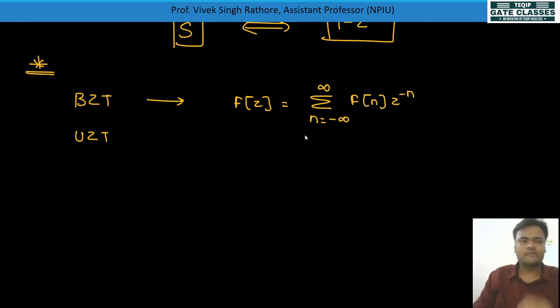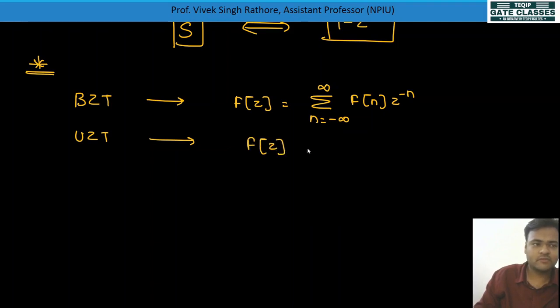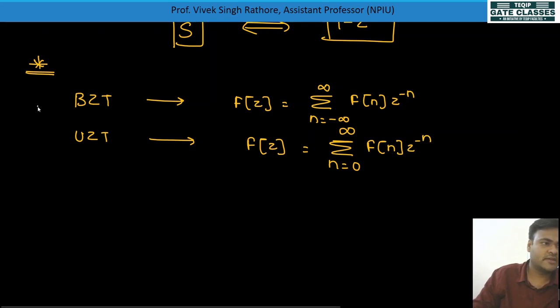This is bilateral because we take values from minus infinity to plus infinity. For unilateral Z transform, we take n equal to 0 to infinity, not taking any negative values, of f of n z to the power minus n. This is the unilateral Z transform.